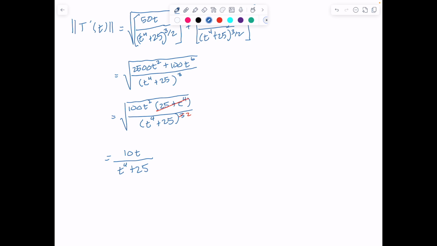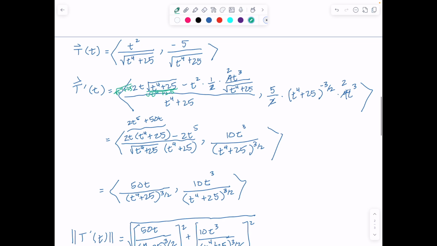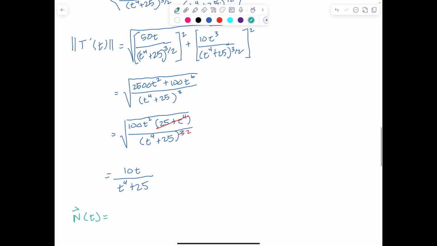Now putting it together for n. So n at t is t prime at t, which we found to be 50t over t to the fourth plus 25 to the 3/2. The other one was 10t cubed over t to the fourth plus 25 to the 3/2.